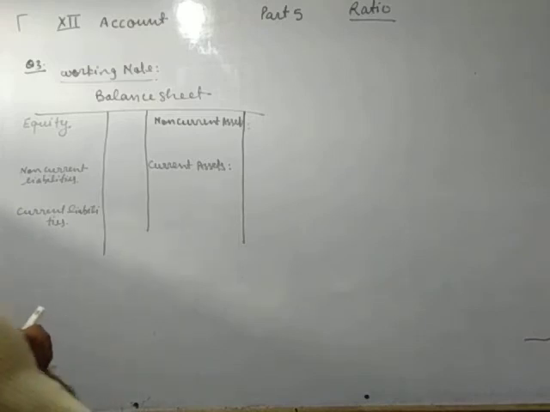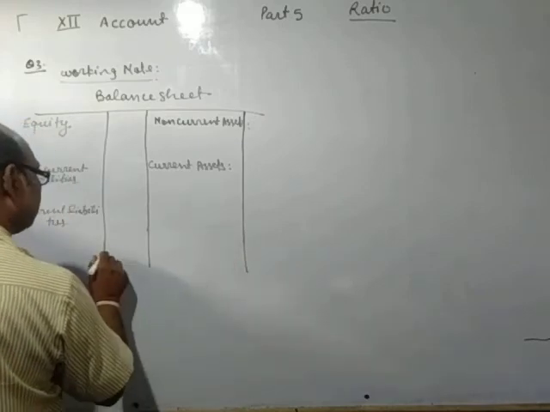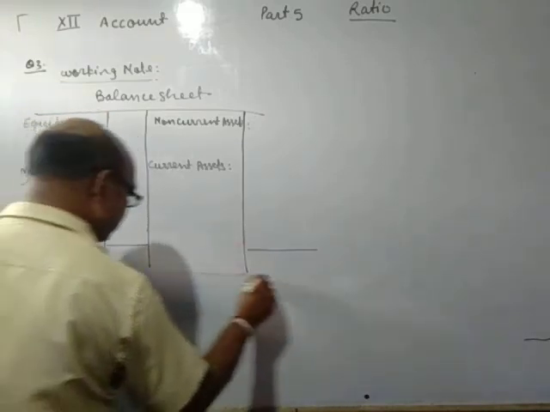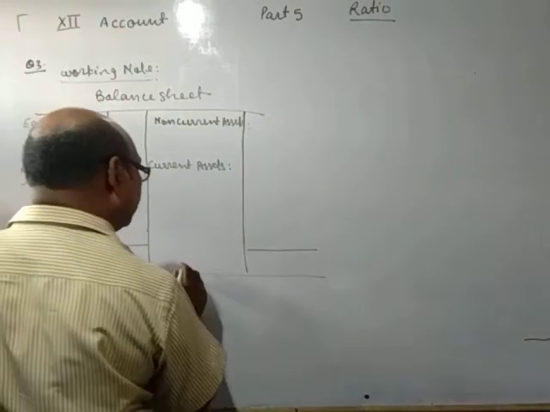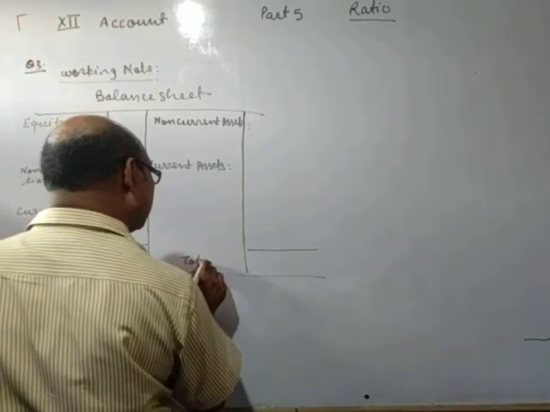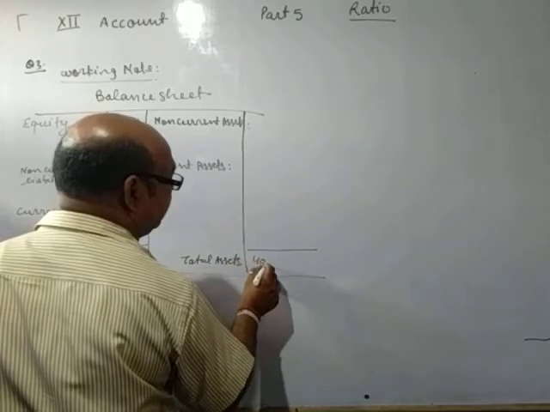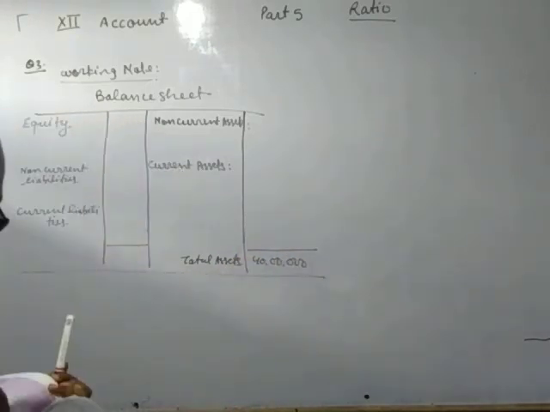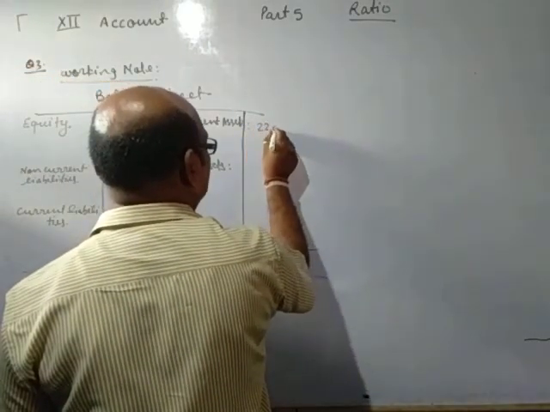Now see the question. In the question, total assets are 40 lakhs. This is given. Non-current assets 22 lakhs.